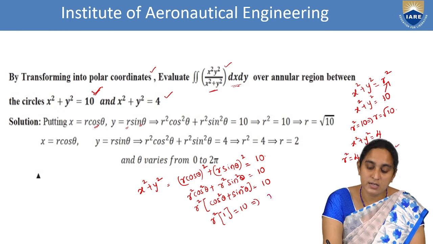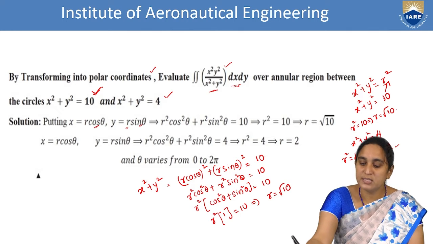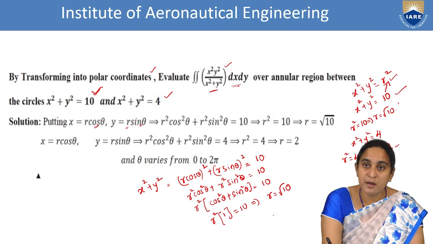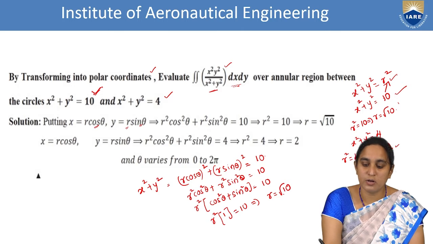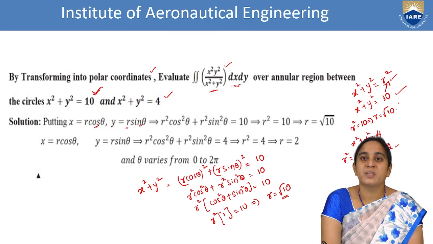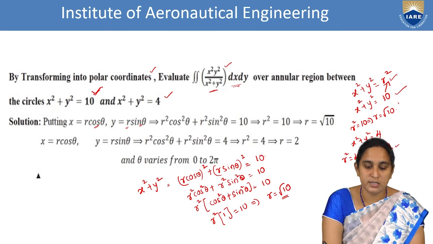From that, r is equal to how much? Root 10. Once you observe, previously I discussed this directly. This is one method. Directly from the standard form we also got r is equal to root 10. And after substituting the parametric equations also, for the first circle equation, the r value is root 10.